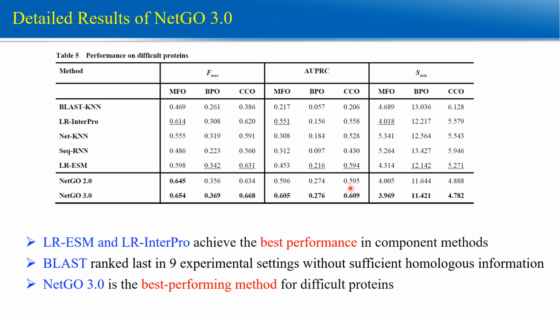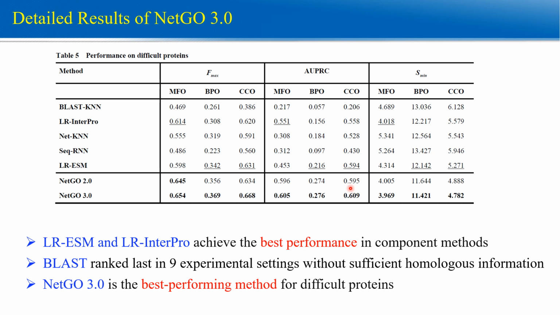To better show the strength of ESM1B embedding, we tested the ESM1B on difficult proteins. We select proteins with a BLAST identity of less than 0.6 to any protein in training data as difficult proteins, which have little homology information.